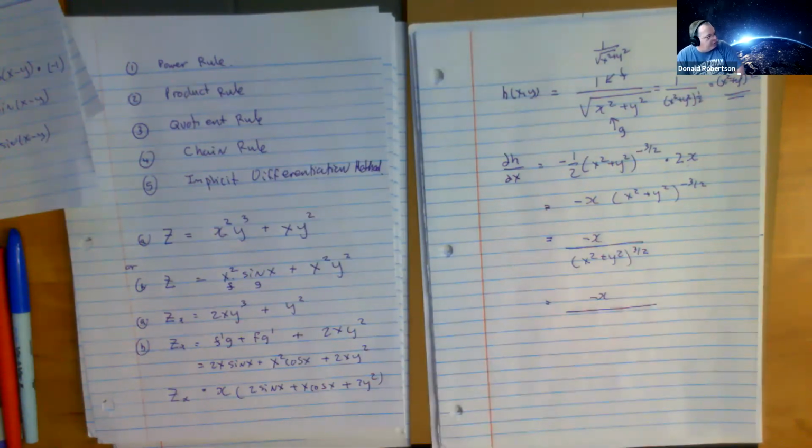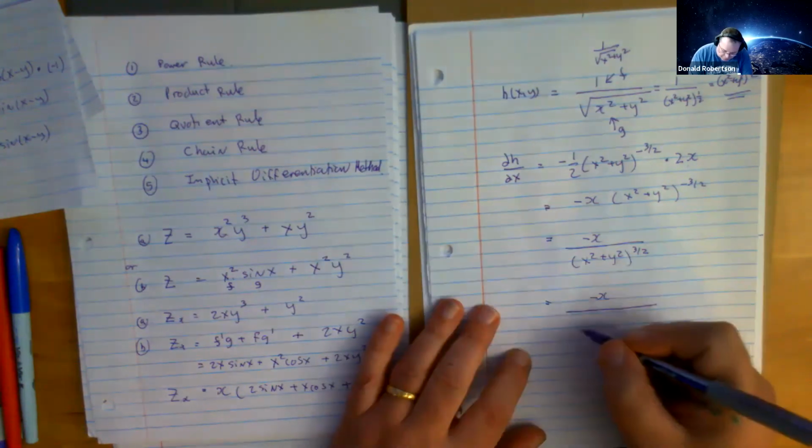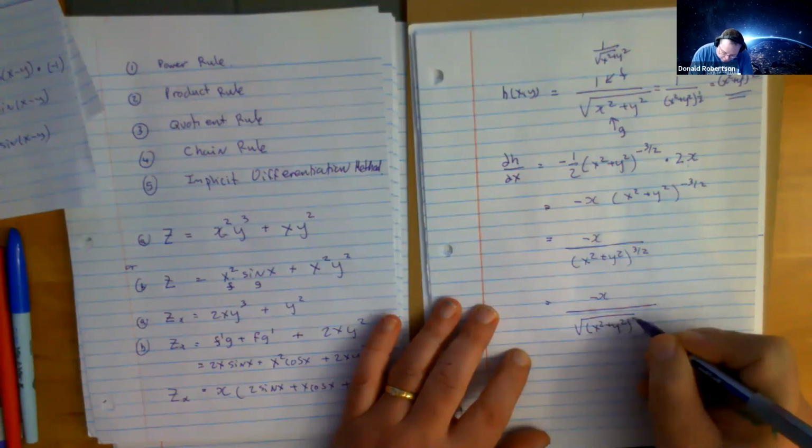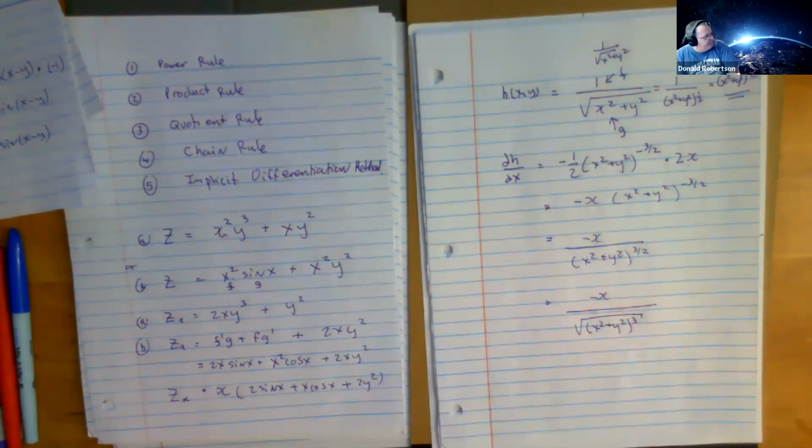Can't fractional powers be written as radicals? And isn't a half a square root? And isn't 3/2 just a half cubed? So how about the square root of x squared plus y squared, cubed? That guy is him.